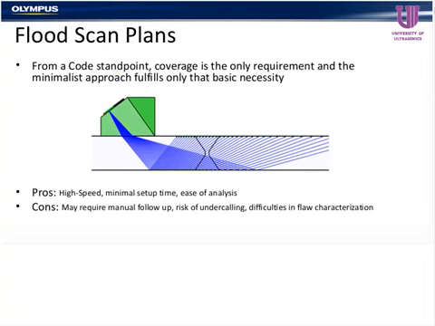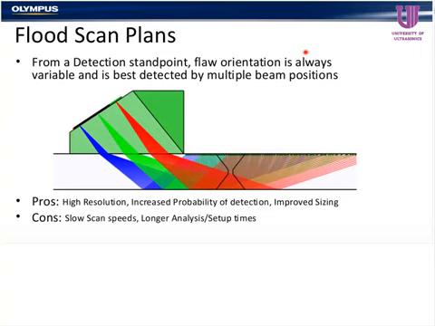Now you could also take the opposite approach, on the other end of the spectrum, where you have this idea that we have no control over how the defect is oriented in the part. So if you take a three-dimensional look at a weld, the flaw is not always going to sit perpendicular to your sound beam.